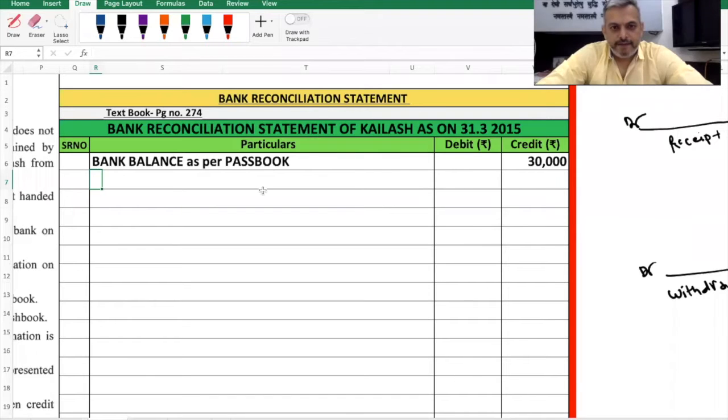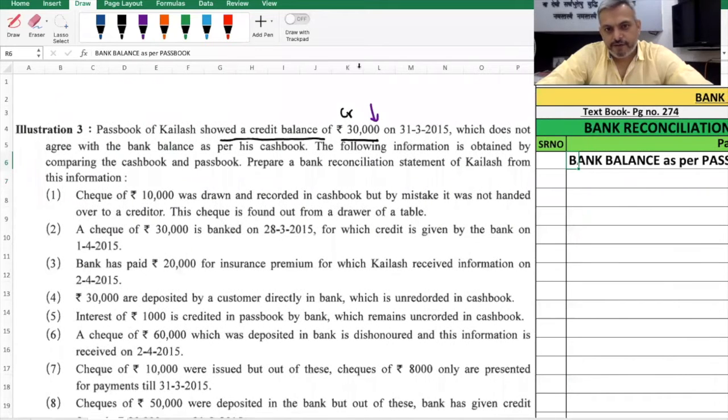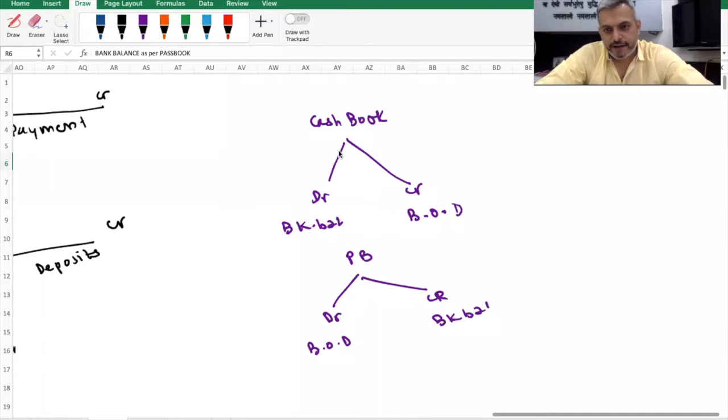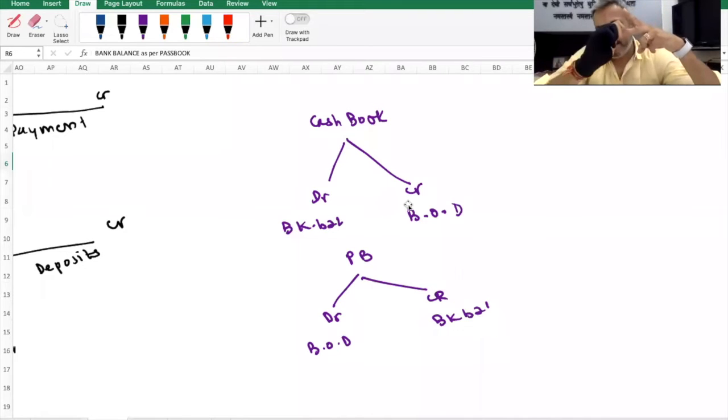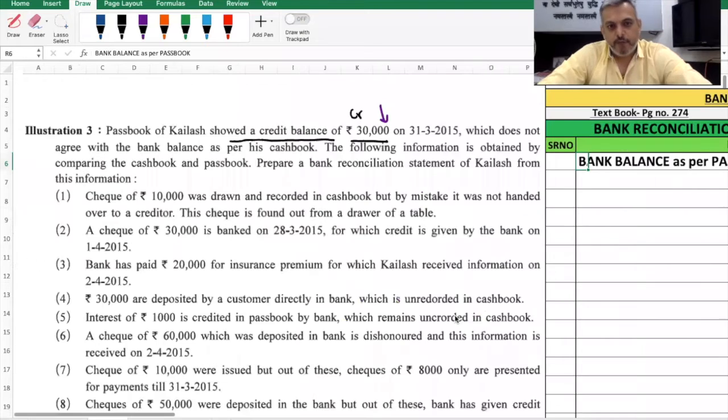So bank balance as per passbook 30,000. You have to write bank balance. If you just write balance, it is not correct. You can see over here, credit balance of 30,000 means bank balance as per passbook. In case of any confusion, make this scribble: cash book debit credit. Either it will be a debit balance or a credit balance. Cash book debit is bank balance, so passbook credit will also be bank balance. Got it? Let's start now with the sum.